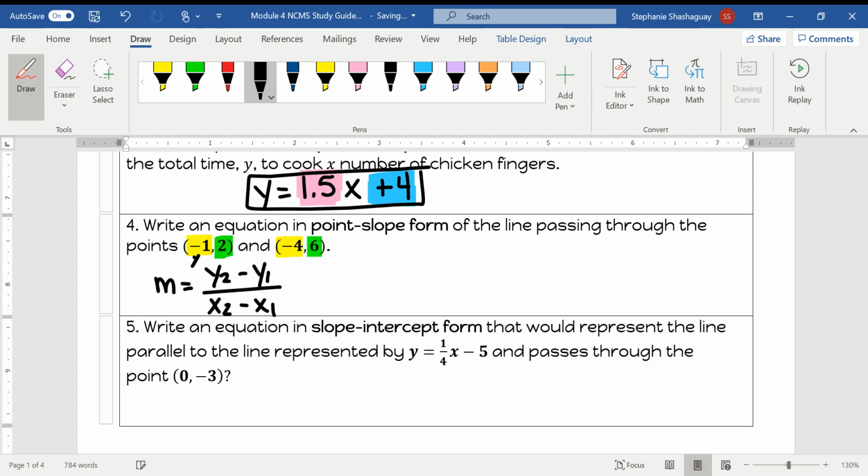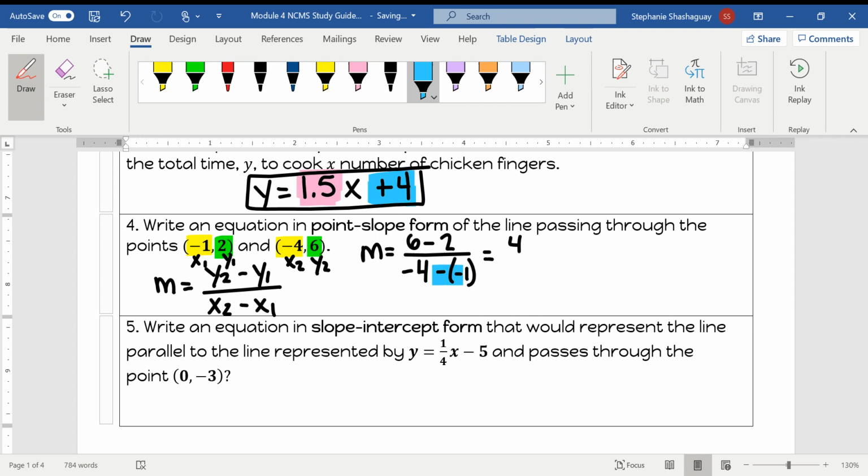And this is x1, this is y1, this is x2, this is y2. So now I can find my slope of these 2 points. So m is equal to 6 minus 2 over -4 minus a -1. So 6 minus 2 is going to be 4.